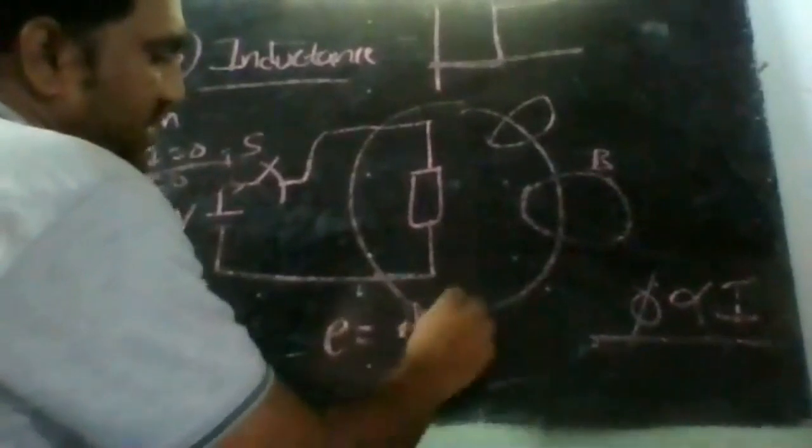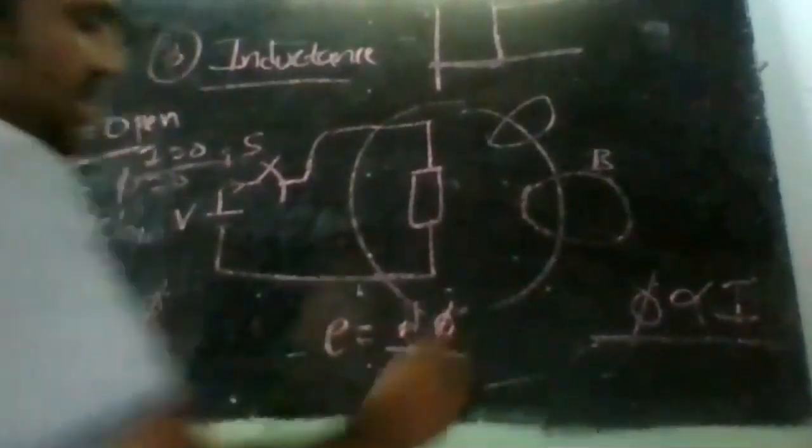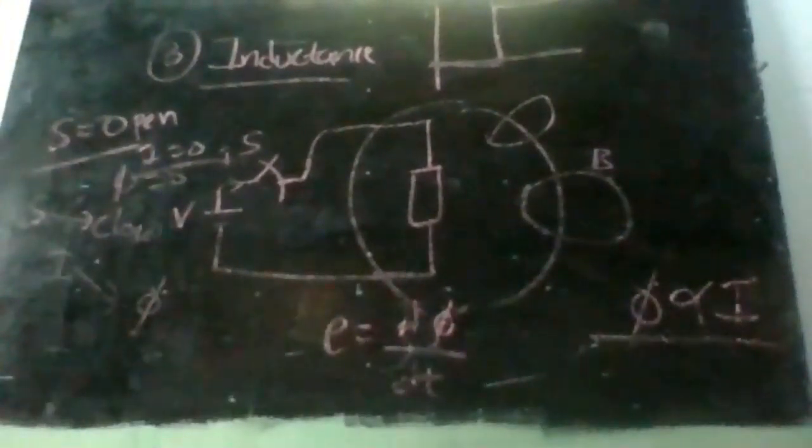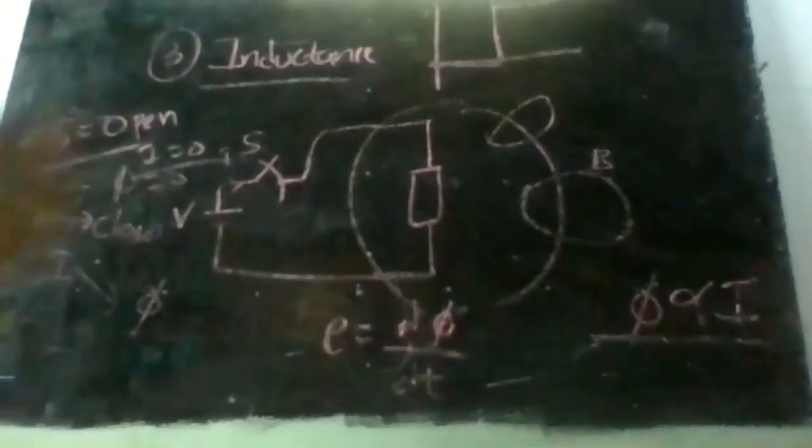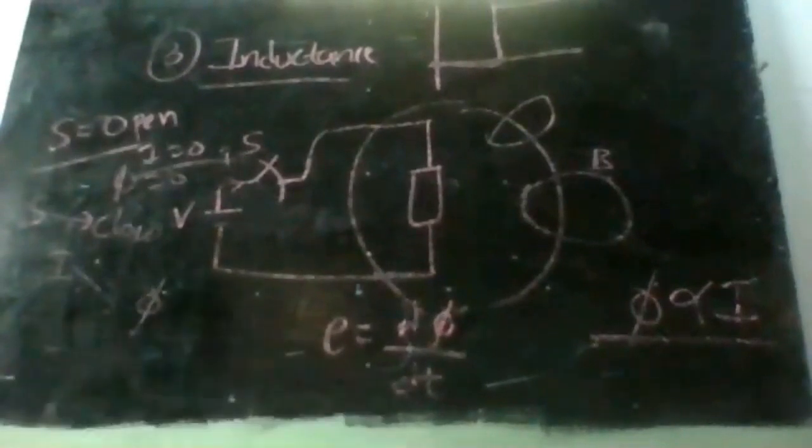Whenever there is a change in flux, d phi by dt, we will produce EMF. That's what Faraday's law is, that we will study later in the next unit.